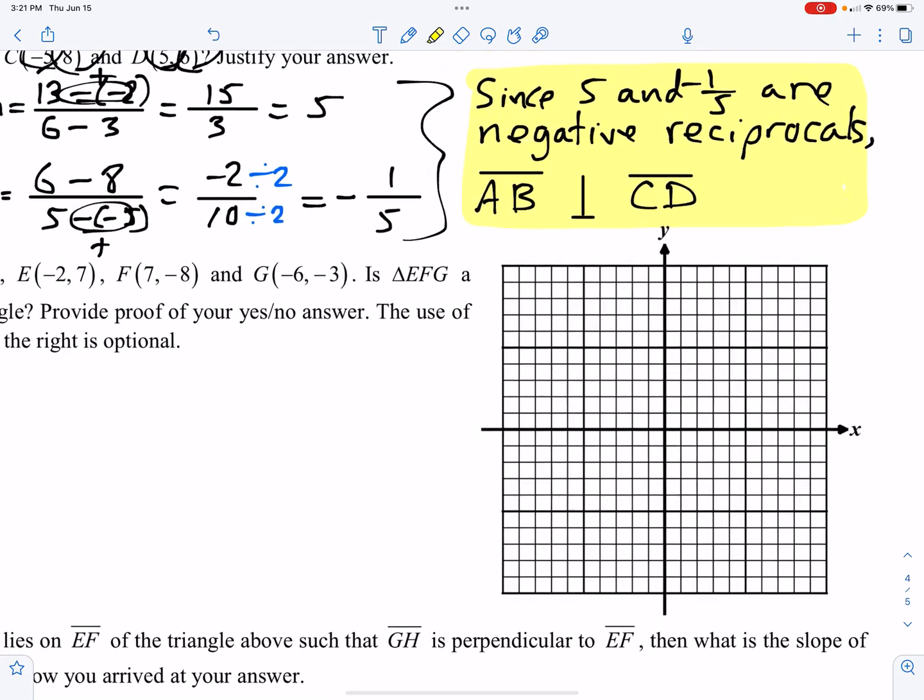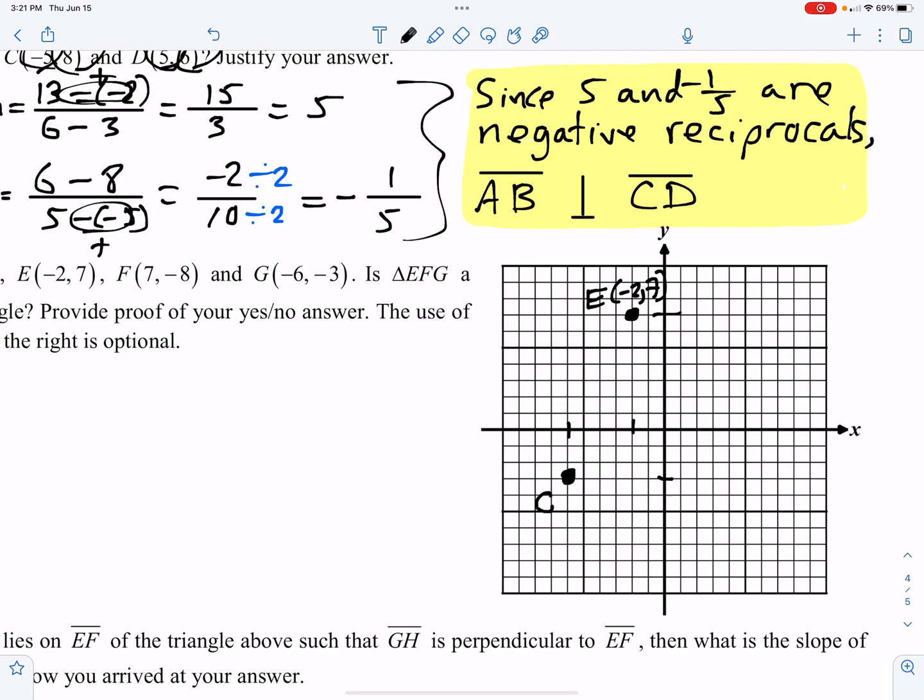Let's plot point E. Go -2, then up 7. There's point E, at (-2, 7). G is (-6, -3), which would be this point here.